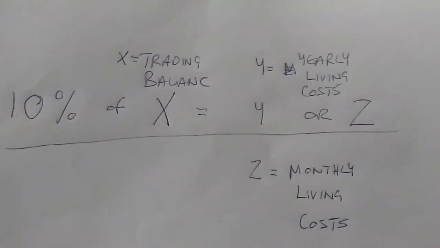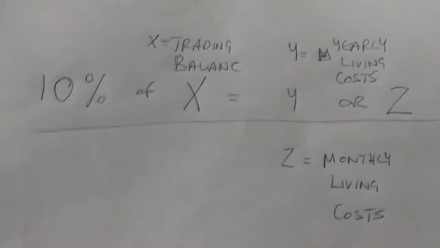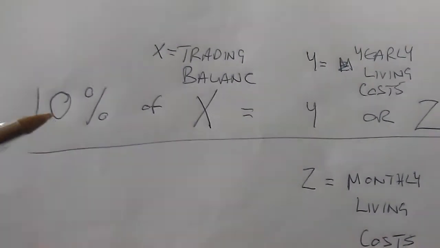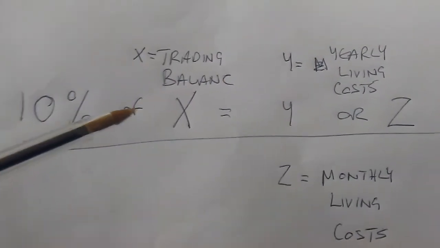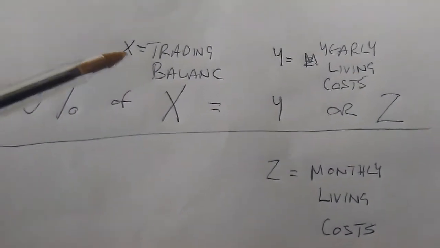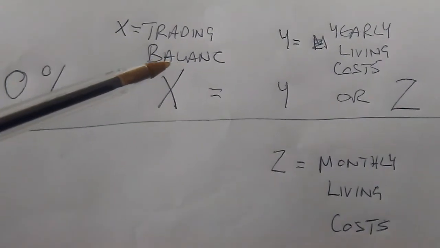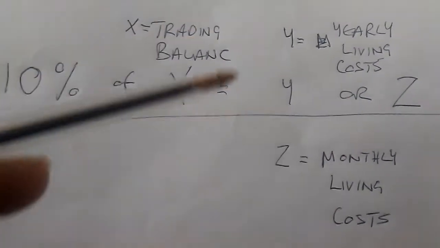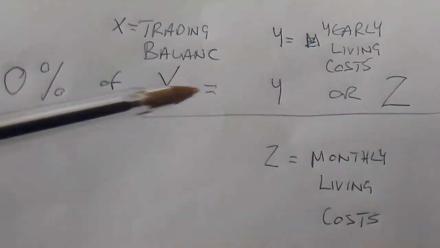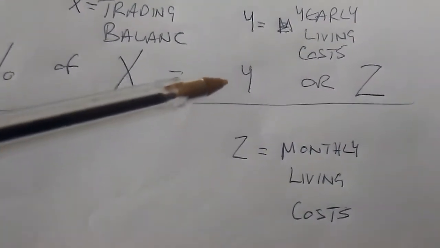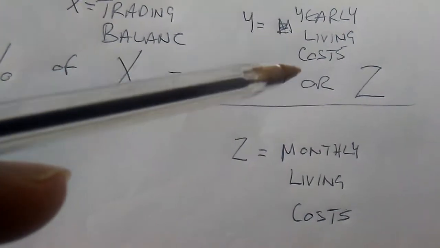Well, the formula actually does work, right? 10% of X equals trading balance. Everyone's trading balance is different, so it equals Y, which is yearly living costs.